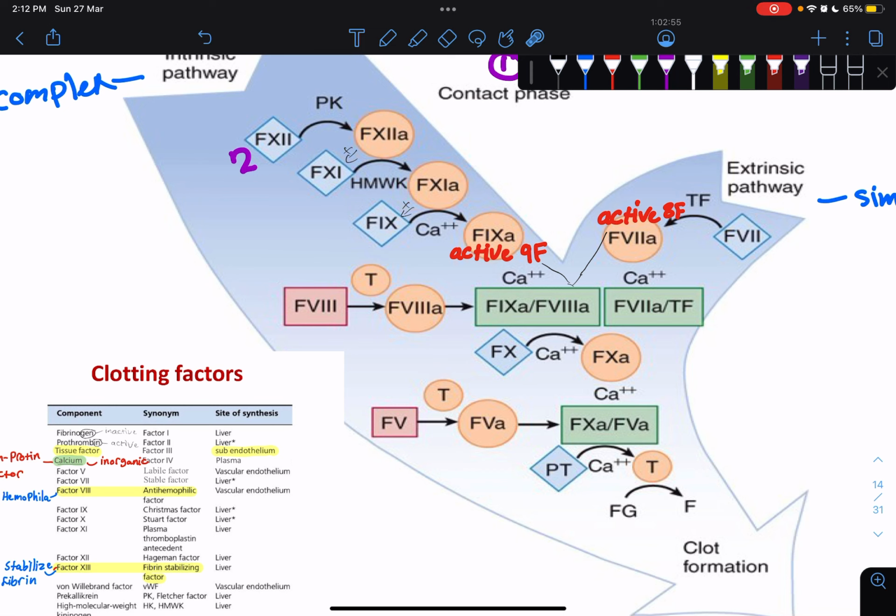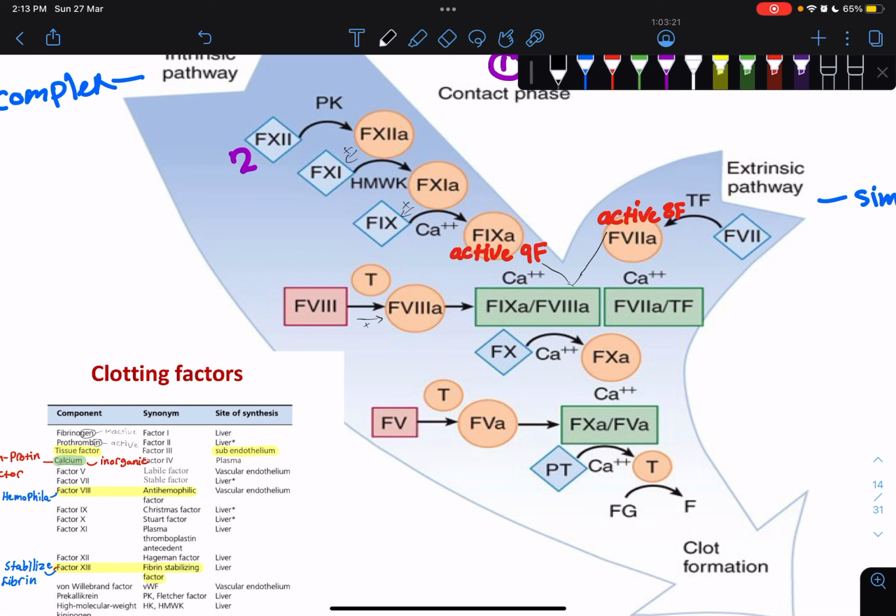Now, factor 10 is activated to factor number 10A. This activation can come from this pathway, or this activation can come from this pathway. Normally, in injury, extrinsic or intrinsic, which one? Normally, this pathway is not working, right? You are saying no. Yes, you are right.